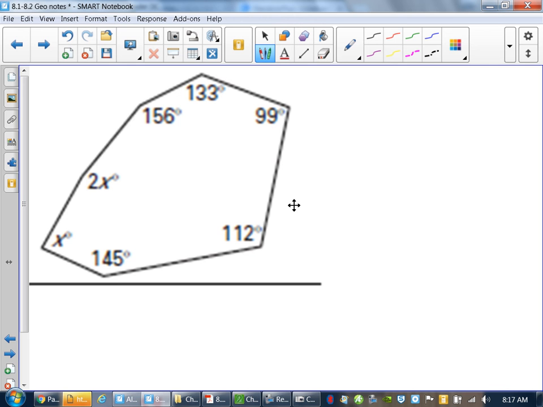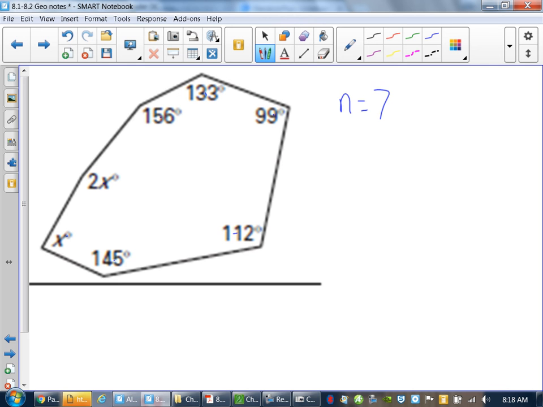Does this appear as if it's going to be a regular polygon? No. One reason why we know it's not is because they have a bunch of different angle measures. So you can throw that out. But what you need to do is figure out the number of sides. Should the number of sides equal the number of angles? Okay. Count. 1, 2, 3, 4, 5, 6, 7.